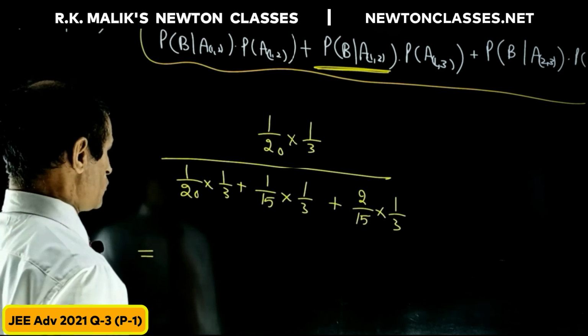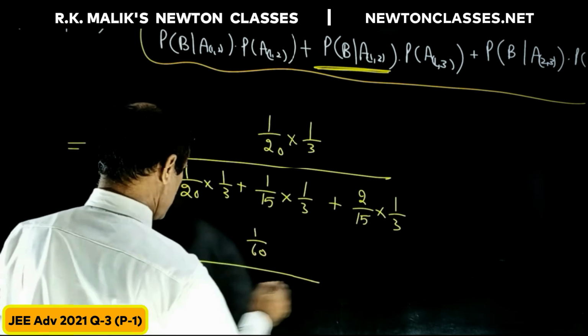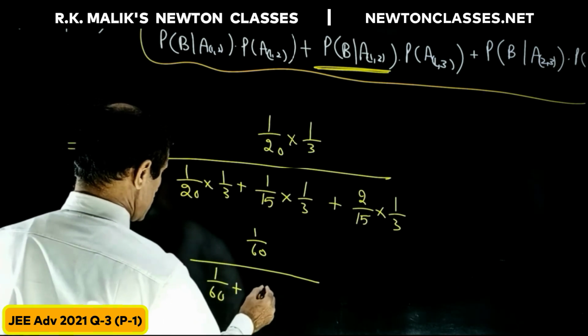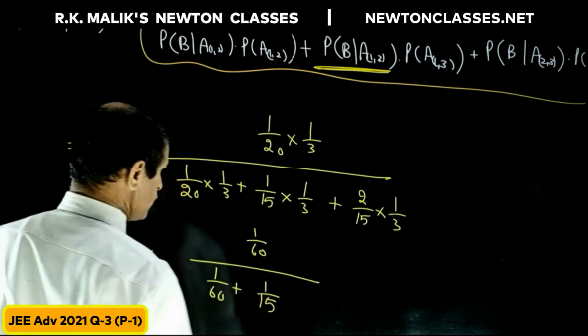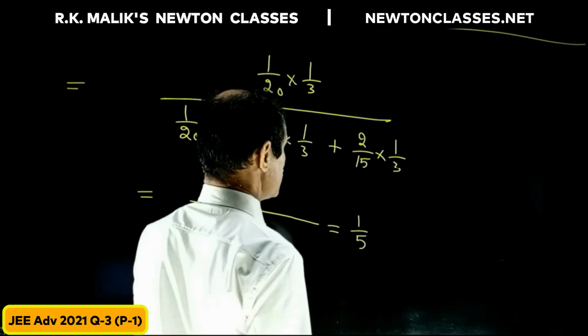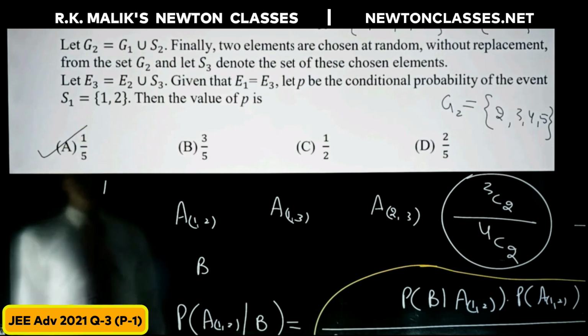This is equal to 1 by 60 upon 1 by 60 plus 1 by 15. This is equal to 1 by 5. Hence A becomes the correct choice.